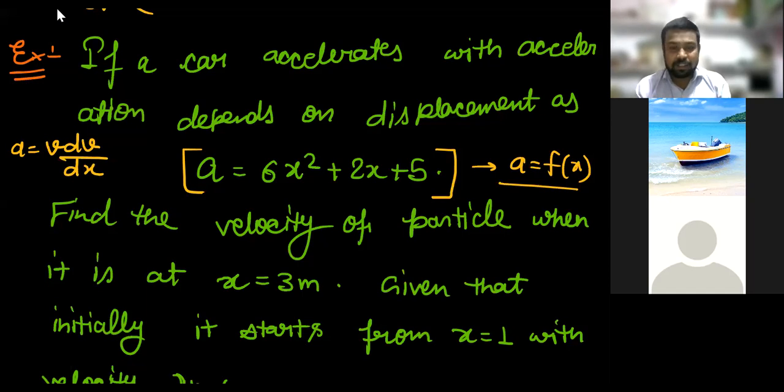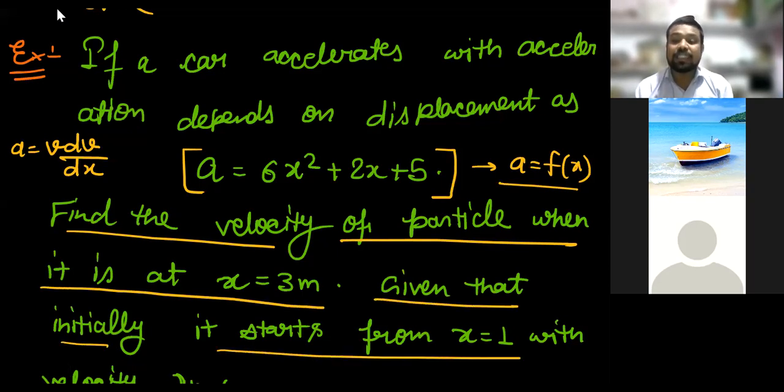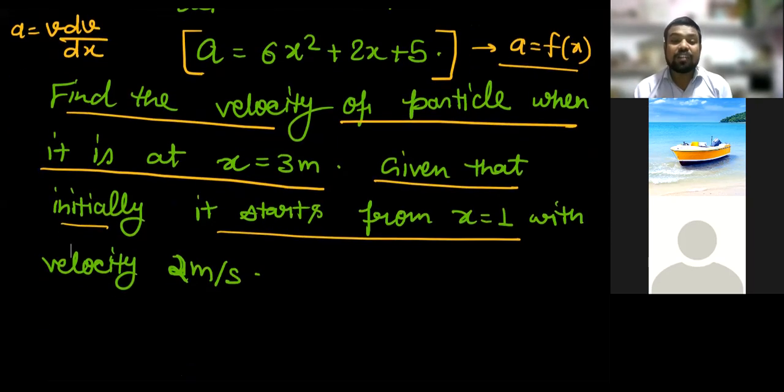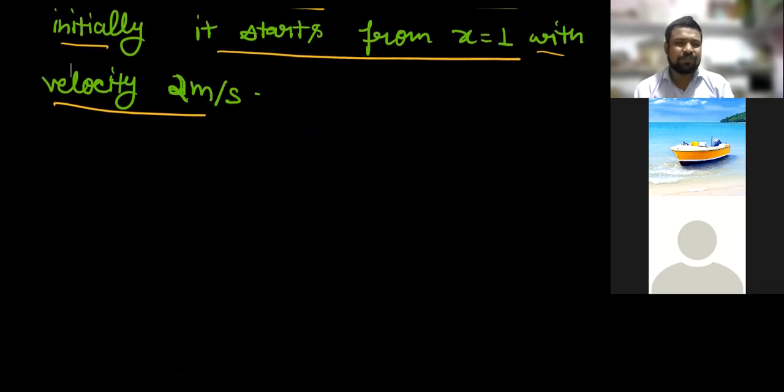So the question asks to find the velocity of a particle when it is at x equal to 3 meter, given that initially it starts from x equal to 1 with velocity 2 meter per second. The question is very easy.